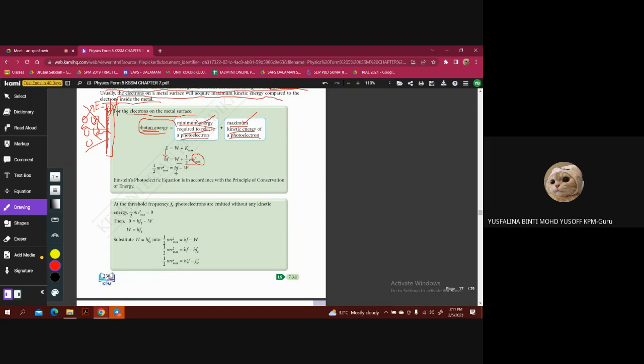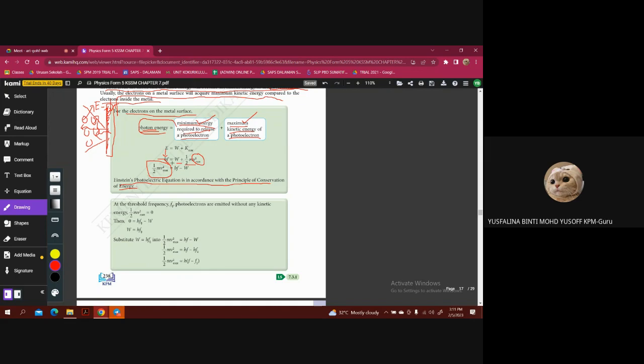So how do you find the maximum kinetic energy of the photoelectron? You just subtract the minimum energy needed to make the photoelectrons come out of the metal from the photon energy. So the photoelectric effect is in accordance with the principle of conservation of energy. Remember, energy cannot be destroyed, it can only change form.